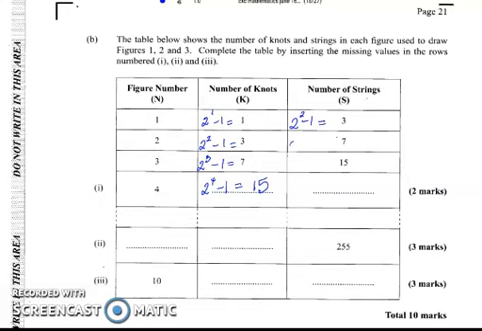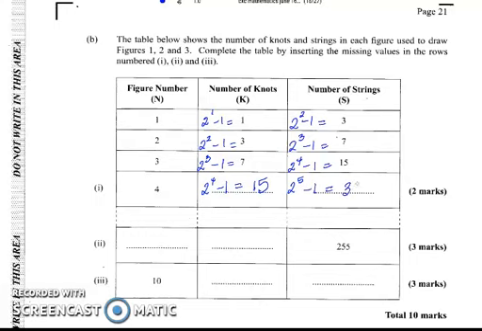So this would be 2 to the 3 minus 1, which is 7. 2 to the 4 minus 1 is 15. So this is 2 to the 5, 5 being 4 plus 1, so it's 1 more than the figure number, minus 1, which gives me 31.